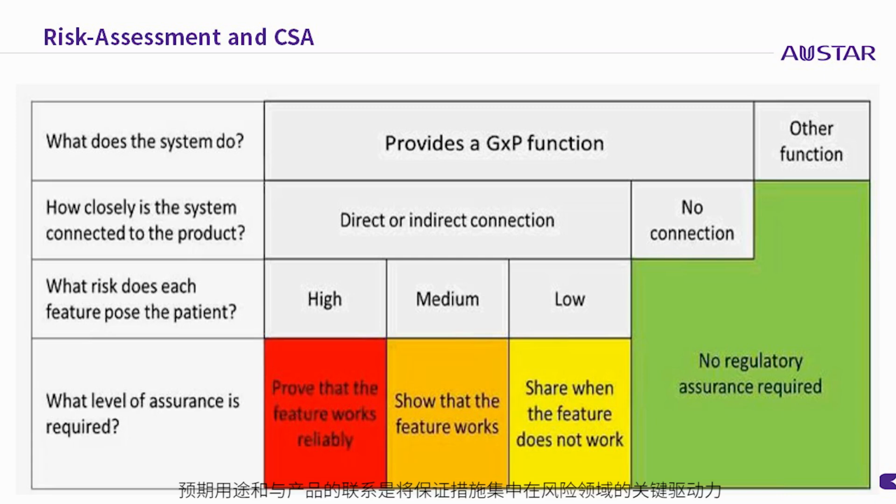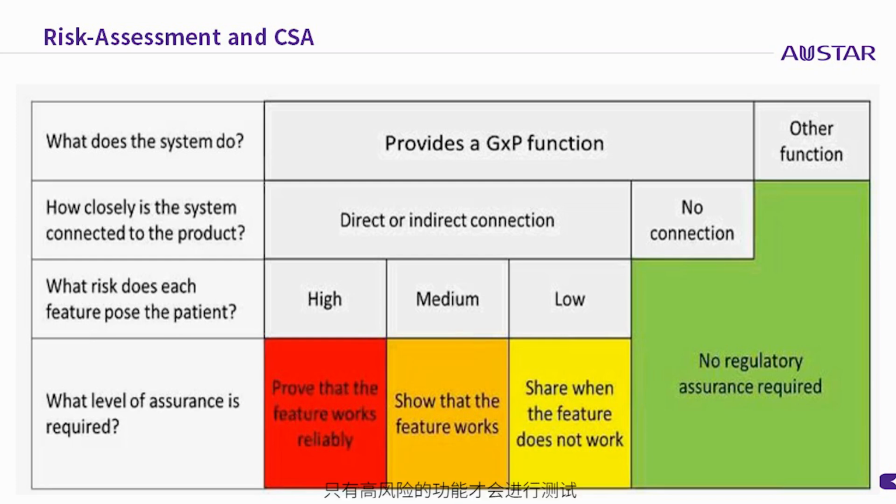The intended use and the connection to the product is the key driver for focusing the assurance measures to the areas of the risk. For this, all GxP relevant features need to be truly risk assessed considering patient safety and product quality.